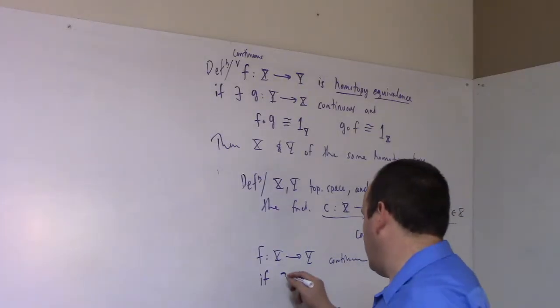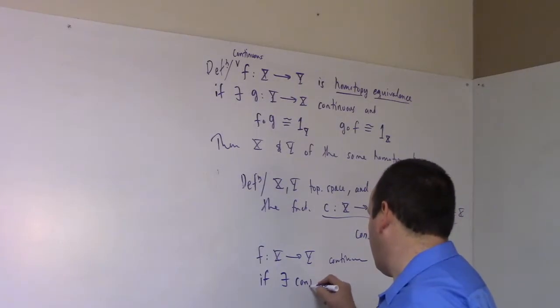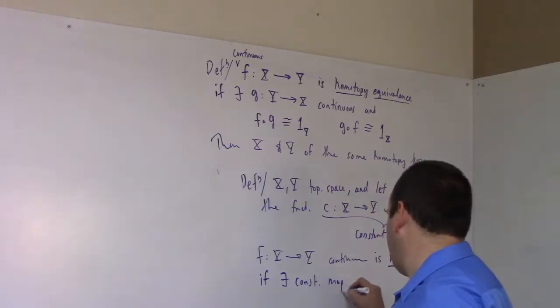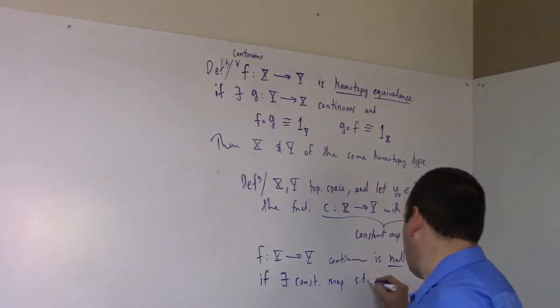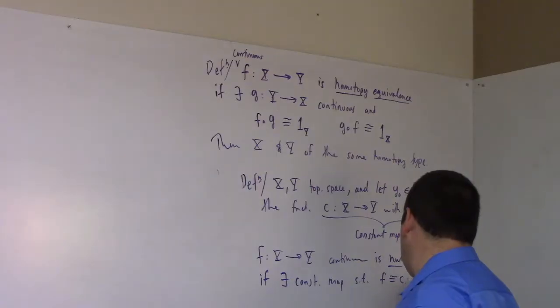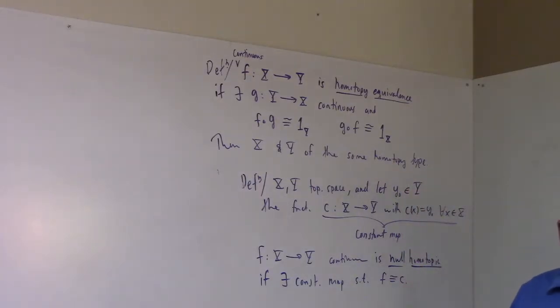Homotopic to a constant, if there exists a constant map c such that f is homotopic to c. So this is the notion of a null homotopic map. It's homotopic to a constant map.